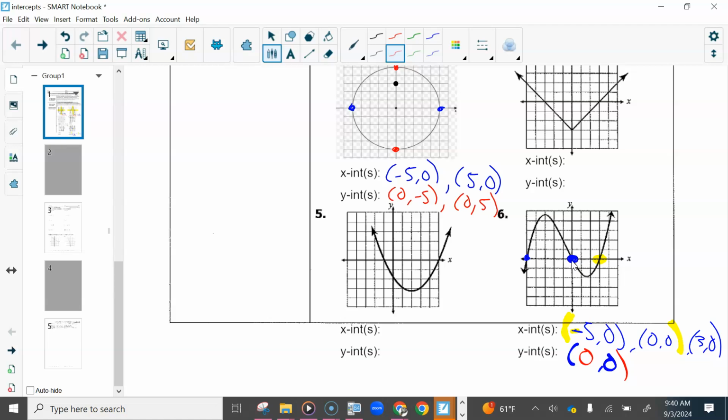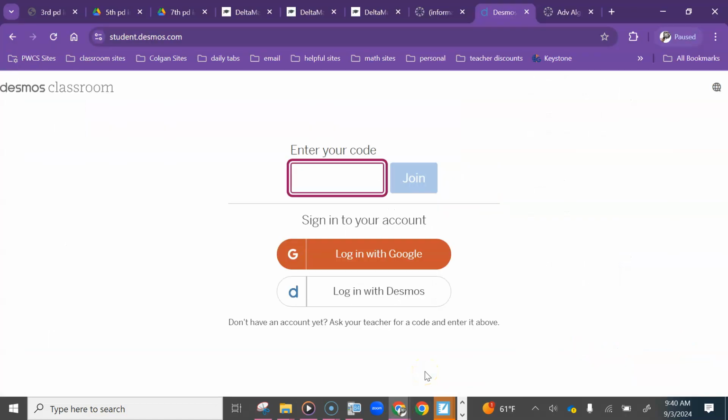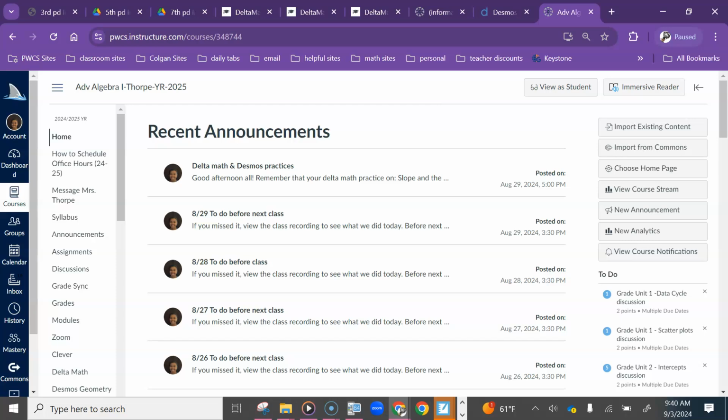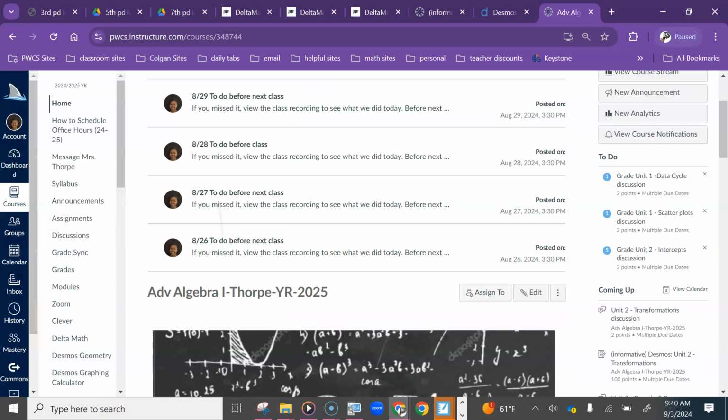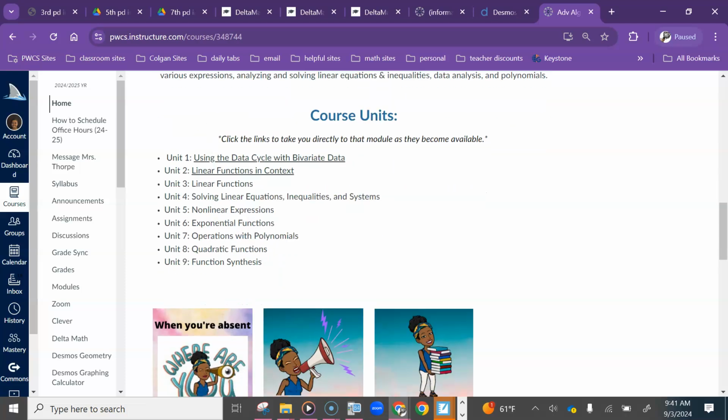So on Canvas, you're going to go back to the home page. Click on Unit 2. You may have to scroll, you may not. If you didn't finish the transformations, you can also be working on that after you finish this.